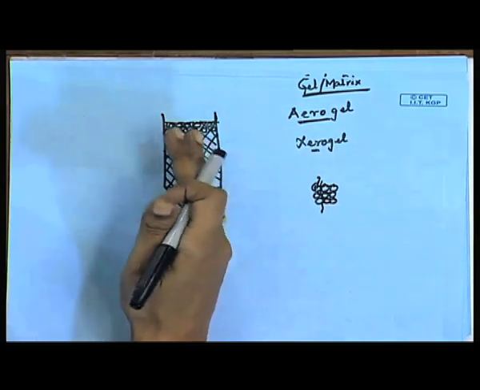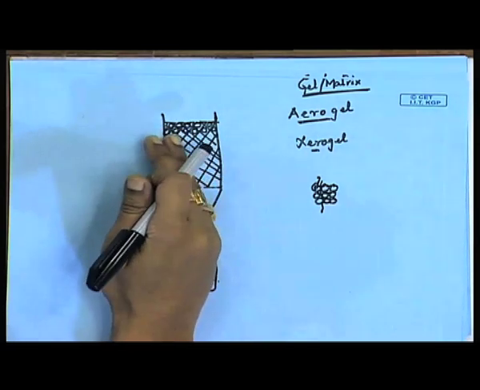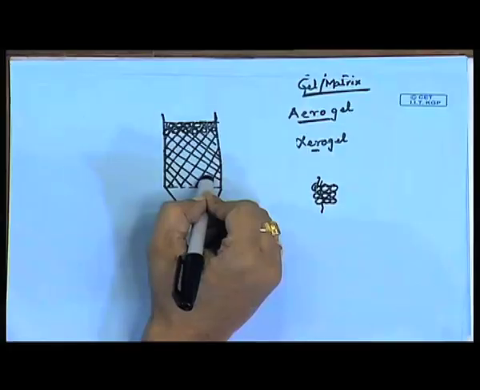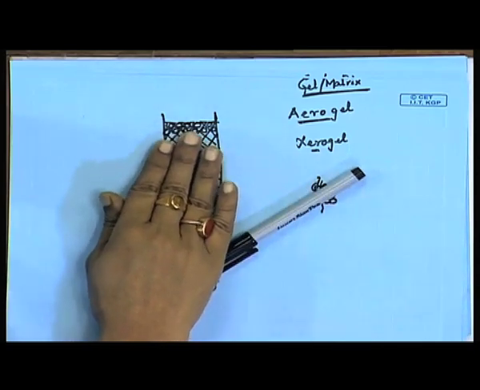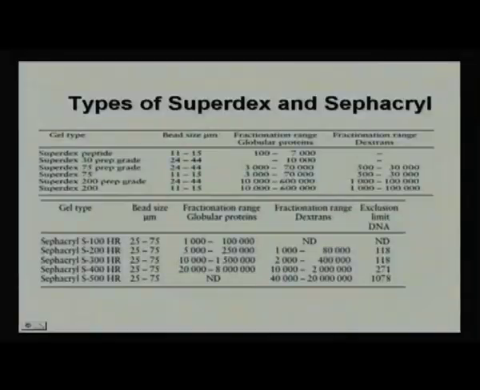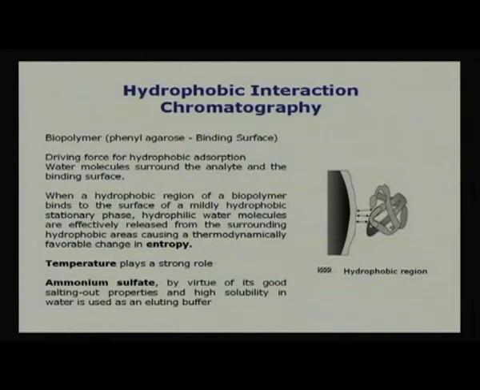This way, based on the size of the macromolecules, we can get the targeted protein out of this particular column.